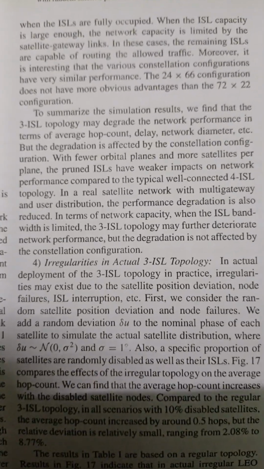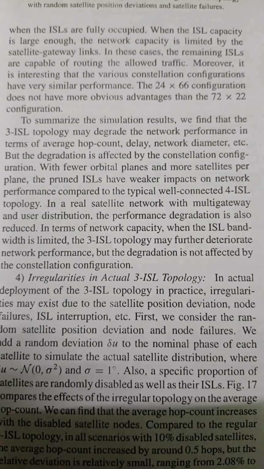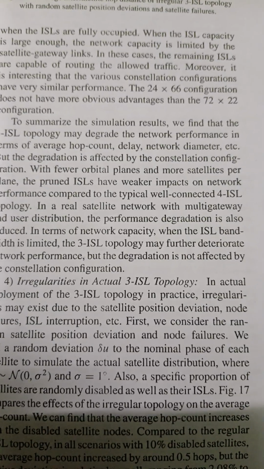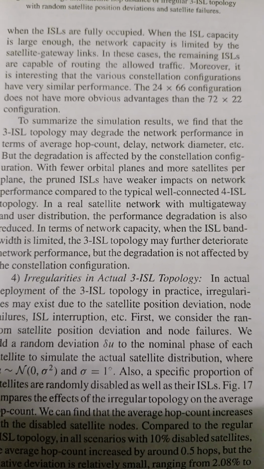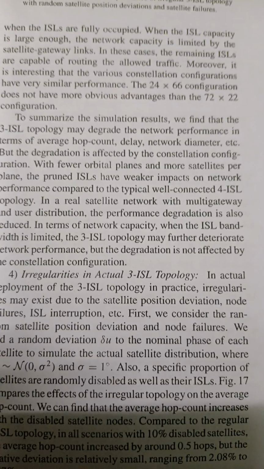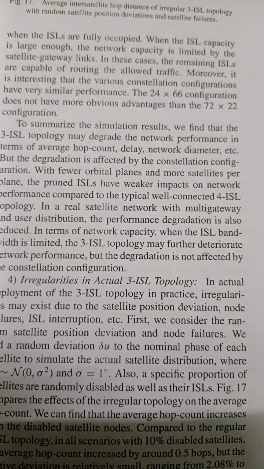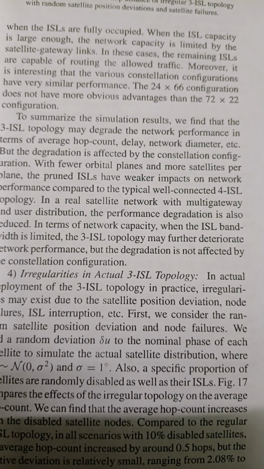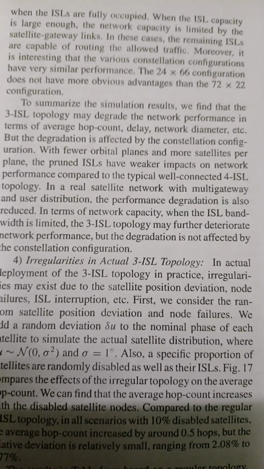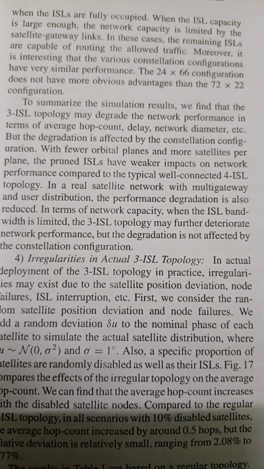To summarize the simulation result, we find that the 3-ISL topology may degrade the network performance in terms of average hop count, delay, network diameter, etc. But the degradation is affected by constellation configuration with fewer orbital planes and more satellites per plane.